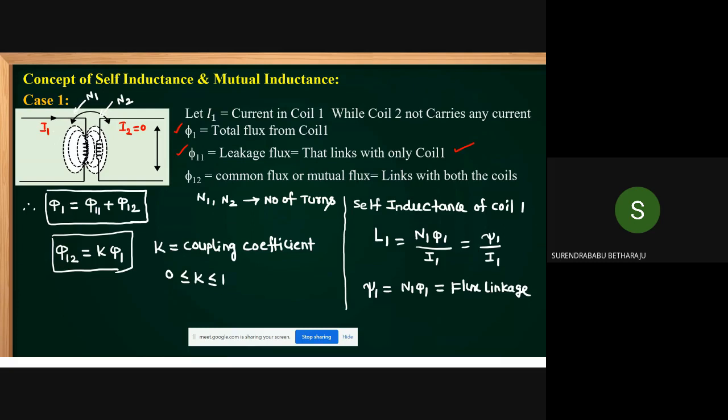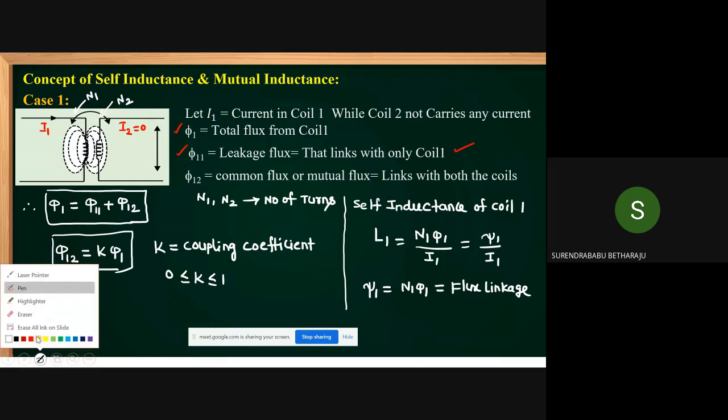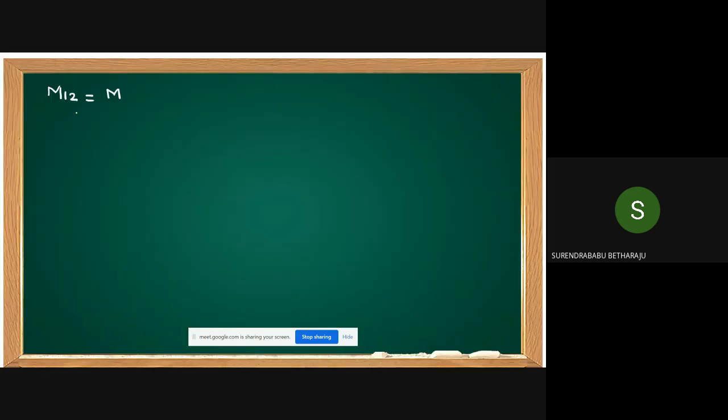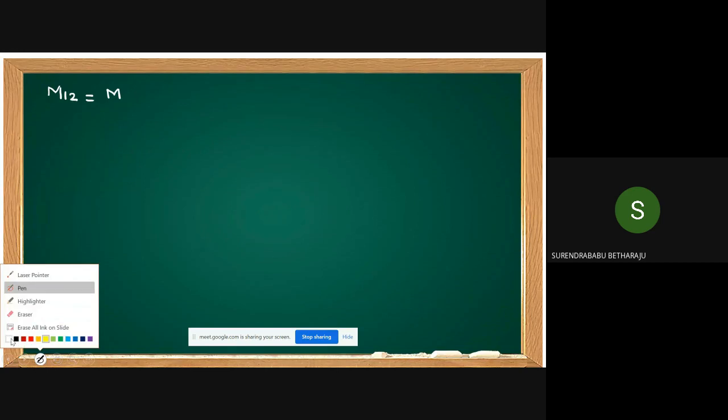If coil 1 carries the current, there is a self-induced EMF in coil 1 and a mutual induced EMF in coil 2. That means we want to define the mutual inductance for coil 2. Then how to write it? What is M12? Mutual inductance of coil 2.